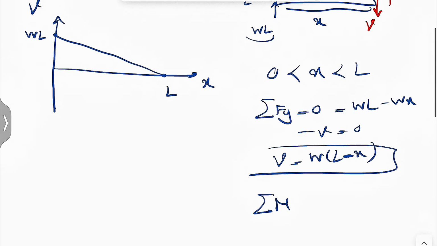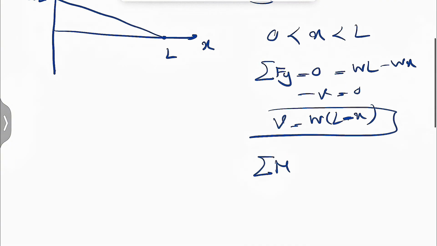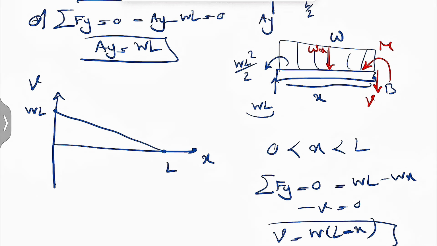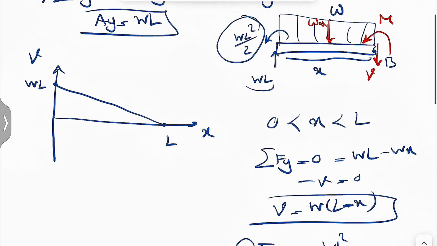So let's move on to the moment. In order to find the bending moment, we can consider one point in here, and we can call it B. Moment about B, counterclockwise positive. So we have the moment of the fixed support counterclockwise, so WL squared divided by 2. We have the moment of the distributed force, which is counterclockwise, so positive.